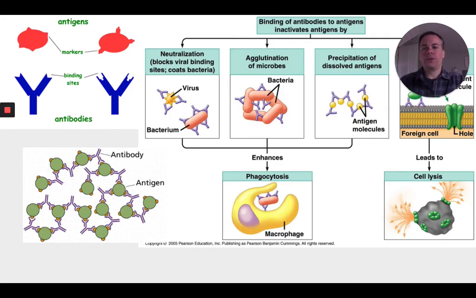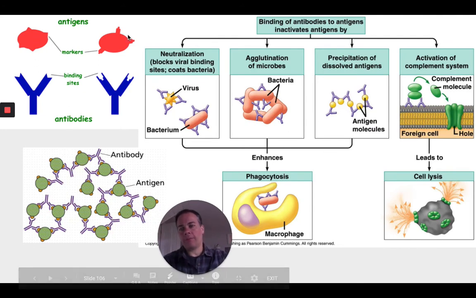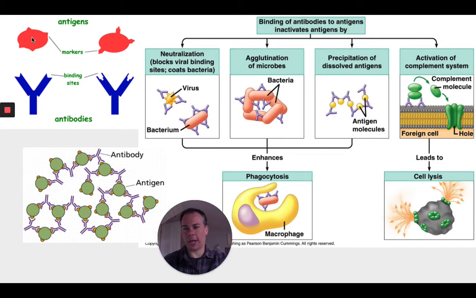Okay. So if we look at some models here that kind of show what this might look like. Here we have antigens, just sort of a model that shows, they won't actually look like this, but you can help understand, is that this pathogen, say it's a type of bacteria, has specific proteins, these shapes that are on the outside of the cell, and antibodies have a matching shape.